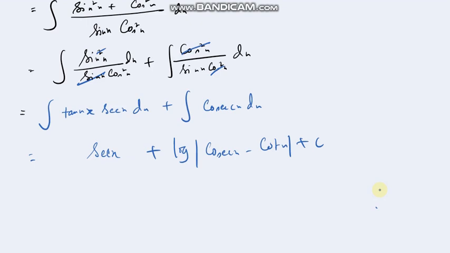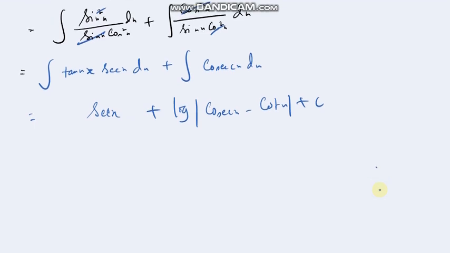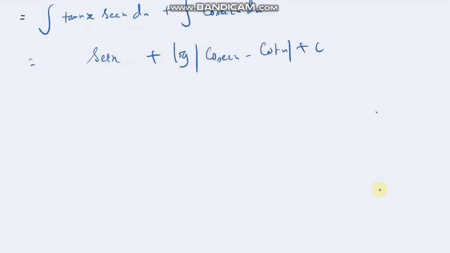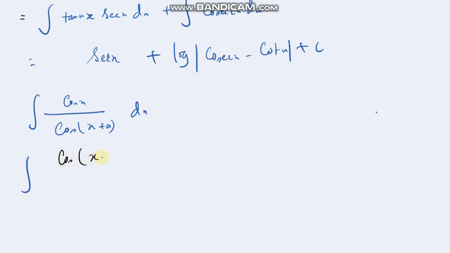So let's move to the next sum. The next sum that I am going to do is the integration of cos x divided by cos of x plus alpha dx. So this cos x, I write like this: cos of x plus a minus a, divided by cos of x plus a.